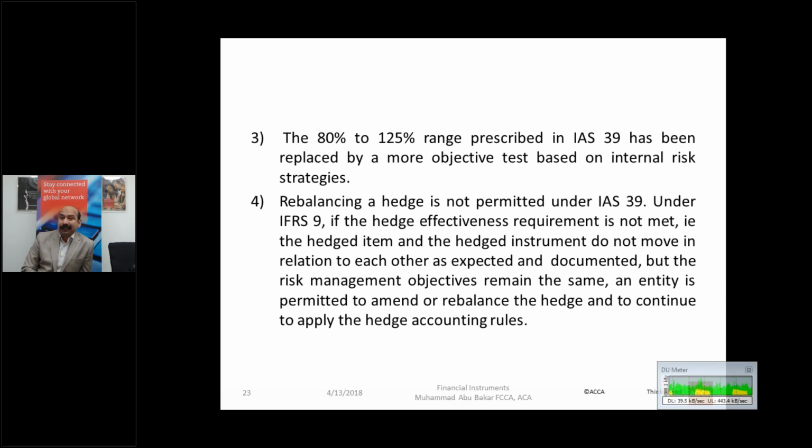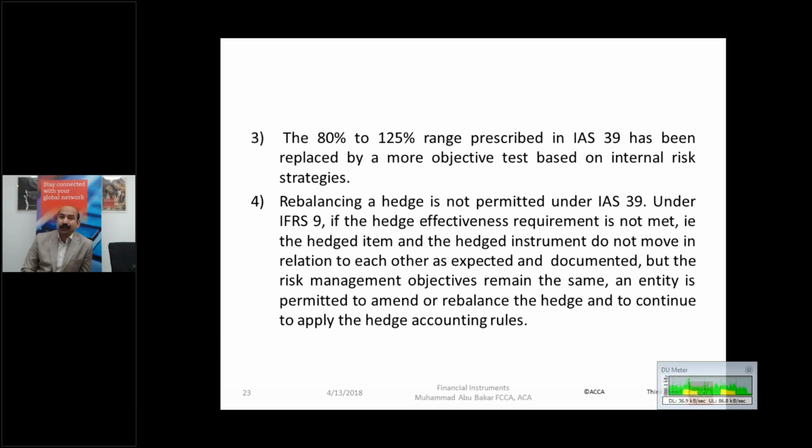Previously, under IAS 39, you could not rebalance your hedging arrangement. For example, there are changes in the market, and you feel that in order to hedge the same level of exposure, you need more futures contracts. So you can buy more futures contracts to become part of your hedging arrangement.